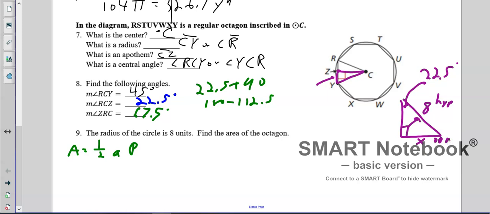So opposite over hypotenuse. So I'm going to do sine. Sine of the angle equals the opposite, this is the easy one, over 8. So all I'm going to do is multiply both sides by 8. When I do that, x is going to be equal to sine of 22.5 times 8, which is 3.06.